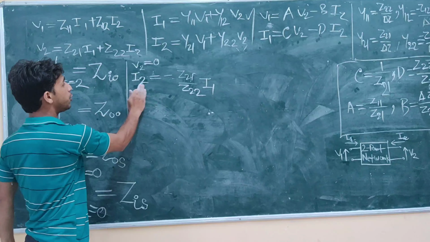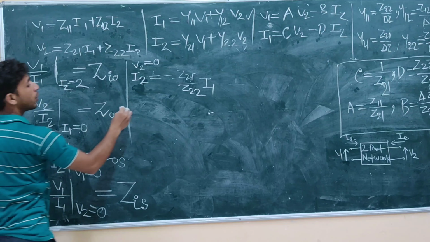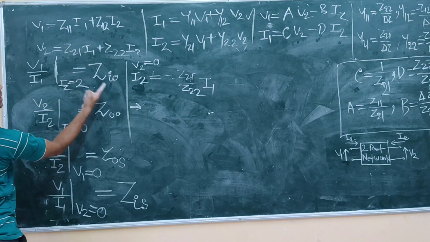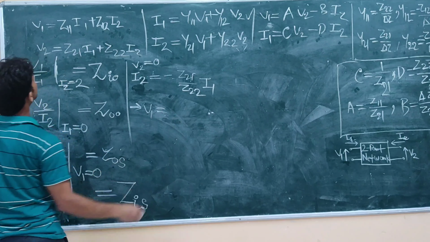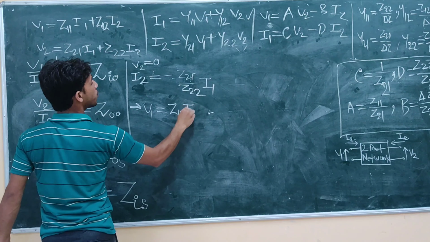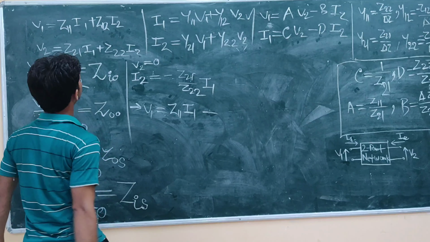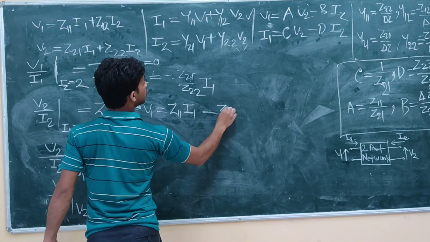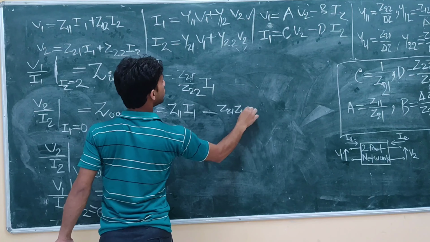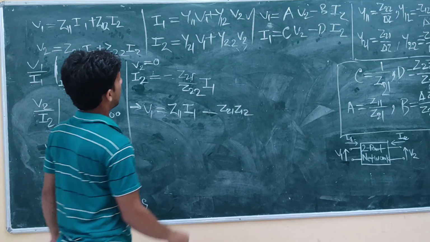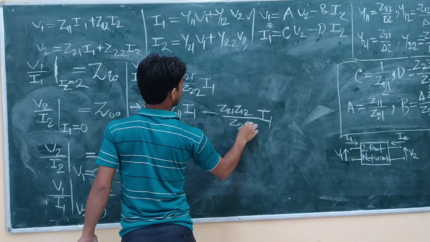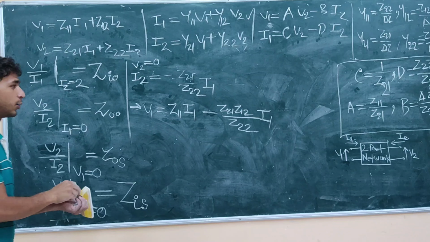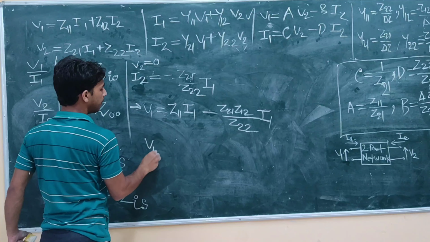And if you place this I2 value in equation 1, we have V1 equals to Z11 I1 minus Z21 Z12 I1 by Z22.